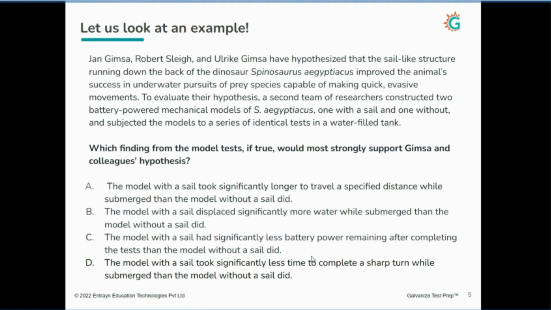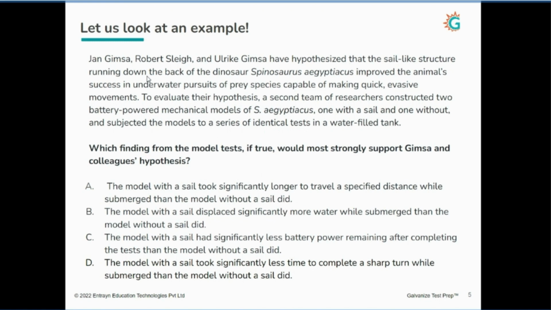It doesn't talk about their movements. Yes, right. So these are unrelated to the particular hypothesis, right? These are talking about some other observations in the study, which do not actually relate to the particular hypothesis.